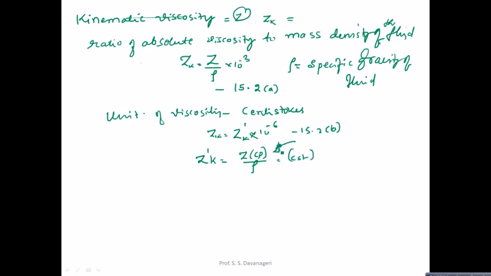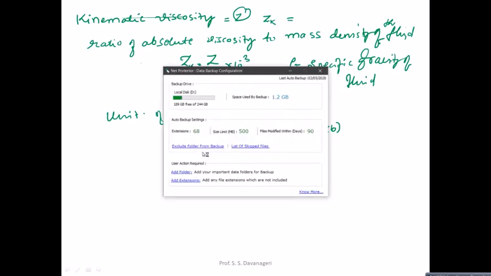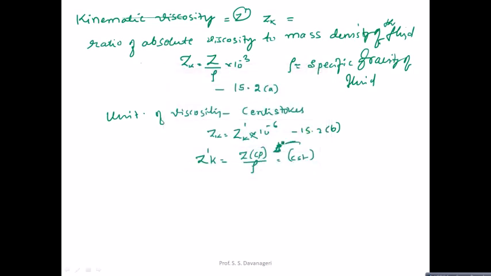Or you can use equation number 15.2b with two units here. One is centipoise, another one is centistokes. Now the above equation is also good to calculate in terms of centistokes if it is dynamic viscosity.